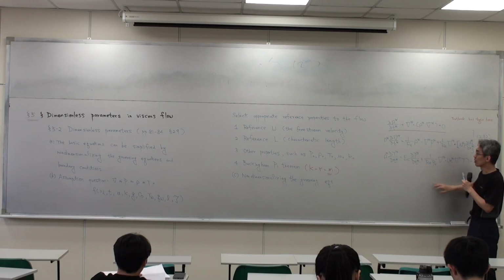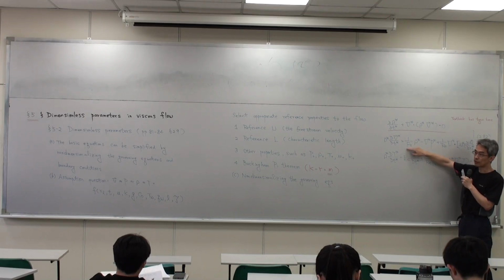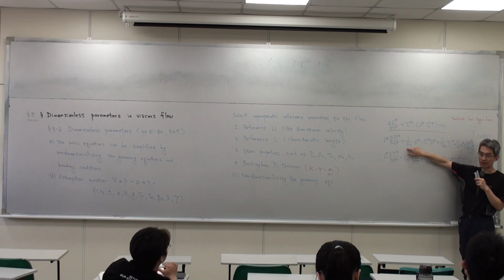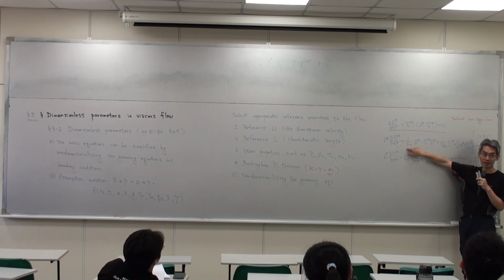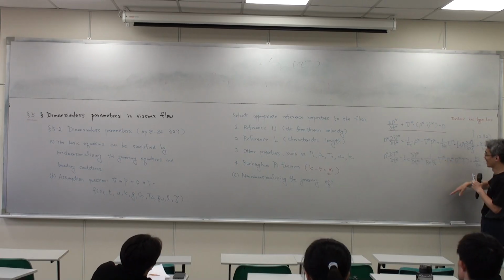Okay? So usually for the momentum equation, you will get the Froude number. So for the Froude number, which term is cancelled out? Anyone have an idea of the Froude number? No? Okay. Later.